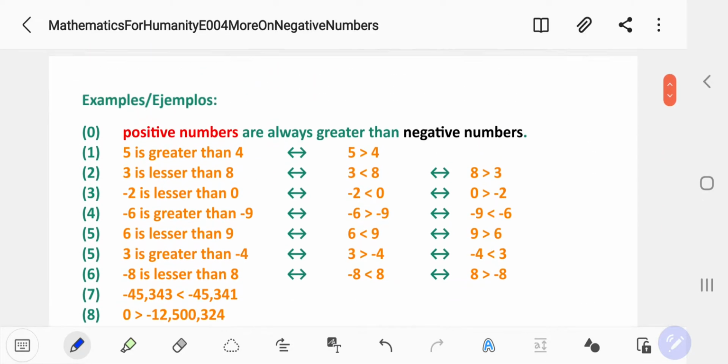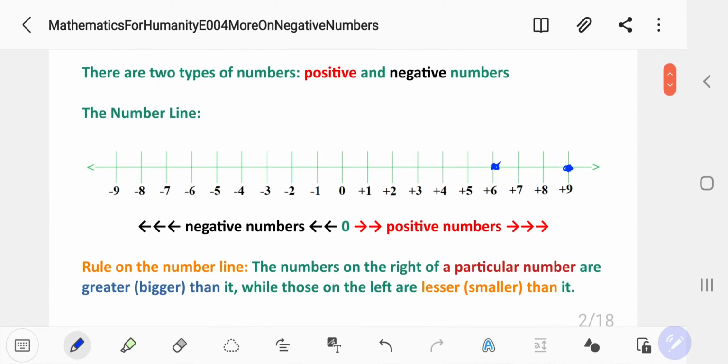The next number after negative 4. Negative 4 is here, and the next number is negative 3. So negative 4 is the number before negative 3. In this case, the next number after negative 9 is negative 8, and the next after negative 8 is negative 7.